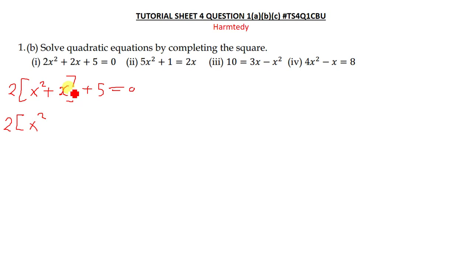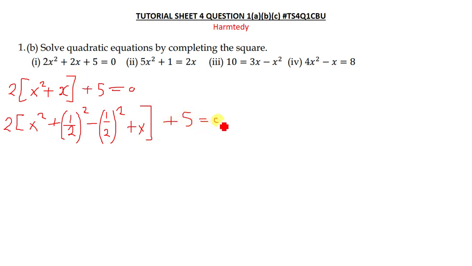So you find half of x there, you are going to have half of x, or half of 1, the coefficient of this is just half as it is, and then this one you square it, and then you subtract the same half again, squared, then you say plus x, that is the x, then plus 5 is equal to 0.